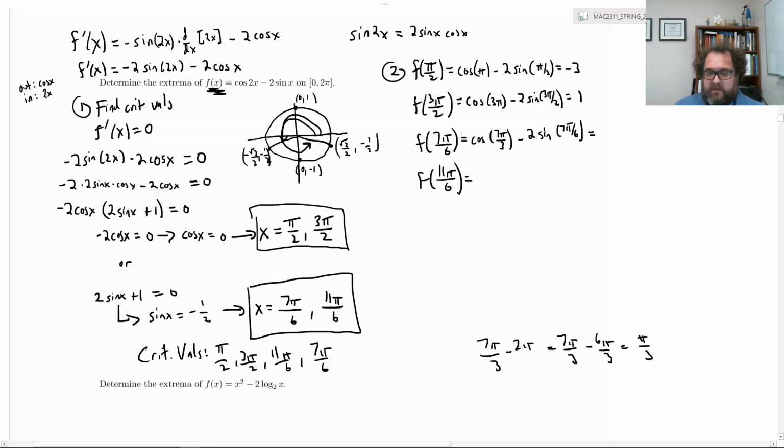Okay, that is a familiar angle for us. 7 pi over 3 is coterminal to pi over 3.